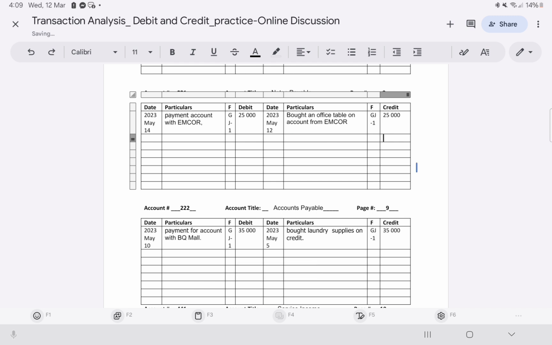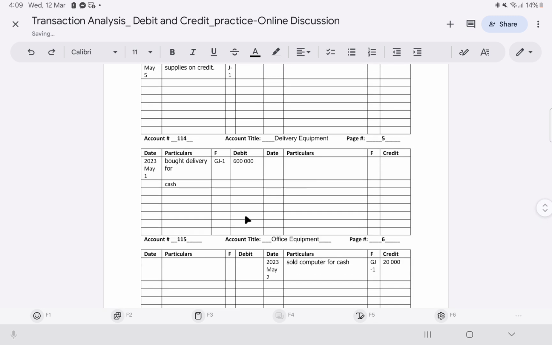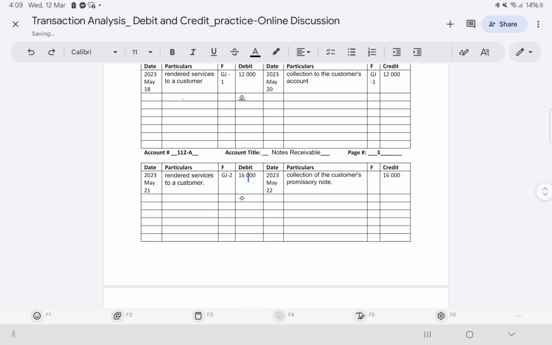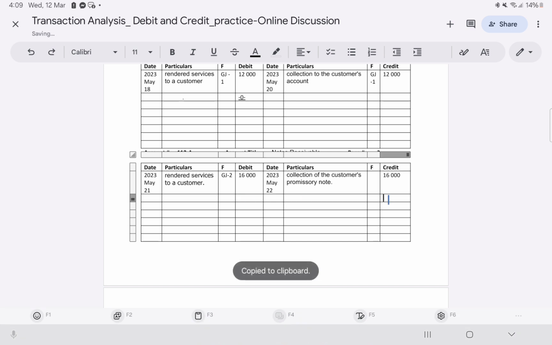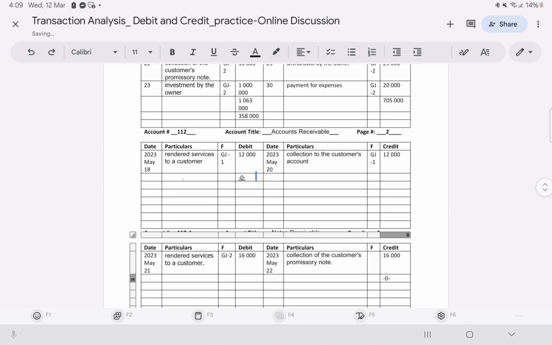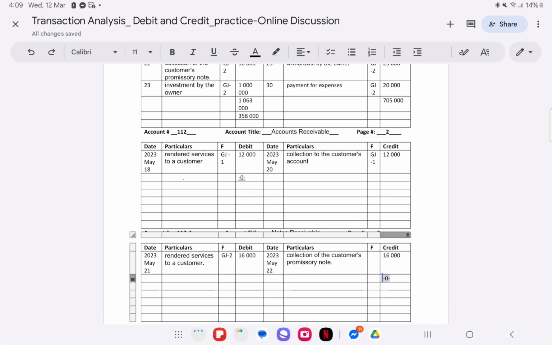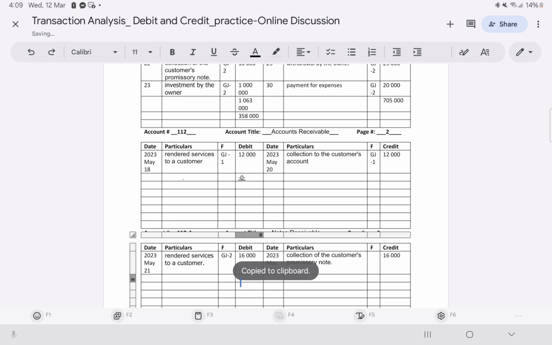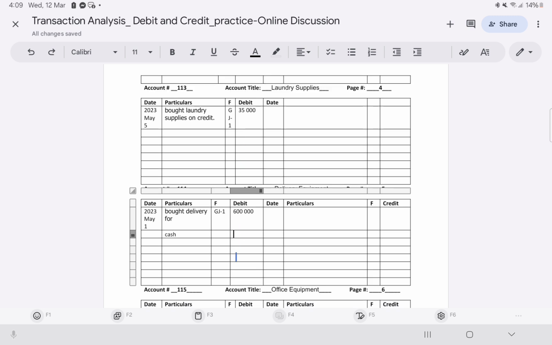Okay, anyway, let us recheck this one by the next video recording. Okay, so for now, I will just put this here if where is the normal balances. So the normal balances should be here in debit. Okay, debit man siya. So there it is not balanced yet.